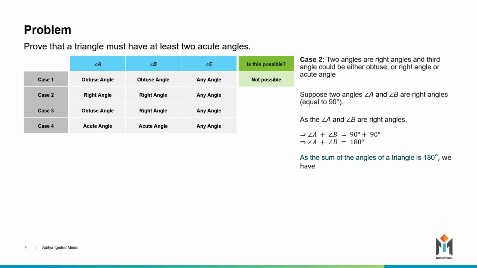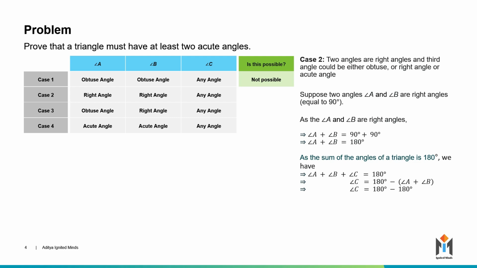Again, going by the angle sum property of a triangle, where the sum of the angles is 180 degrees, we have angle A plus angle B plus angle C equal to 180. Let us compute angle C, which is angle C equal to 180 minus the sum of the other two angles.